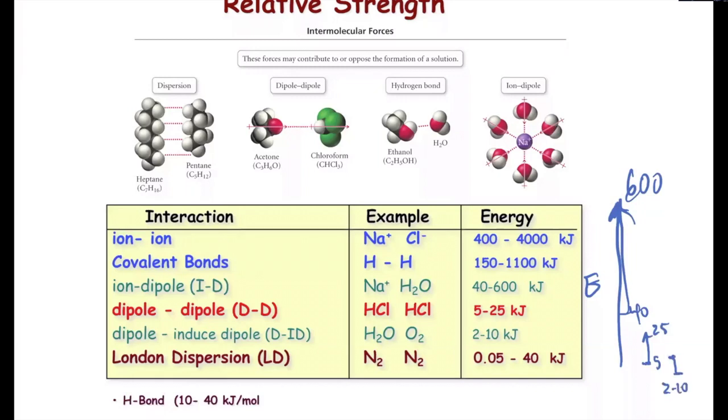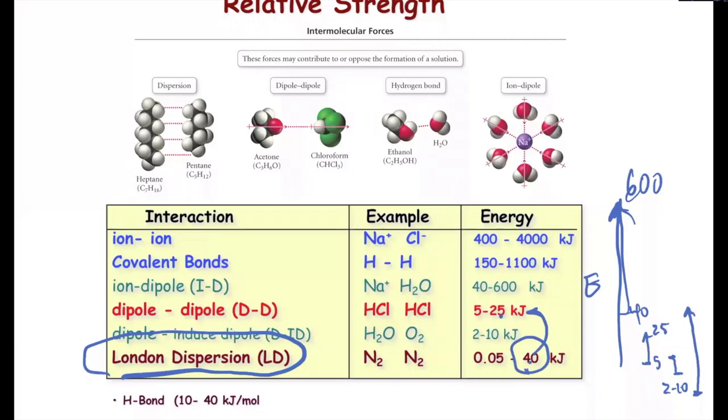And then London dispersion force is between 0.5 all the way up to 40. So in other words, even though London dispersion force may be the weakest, in some cases, it actually can overcome dipole. Like I said, it's not black and white.